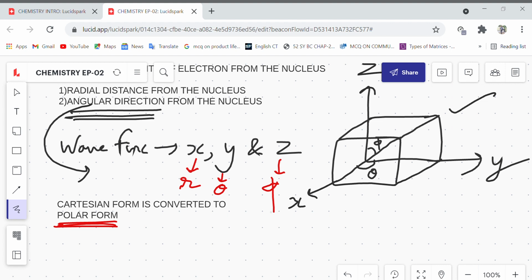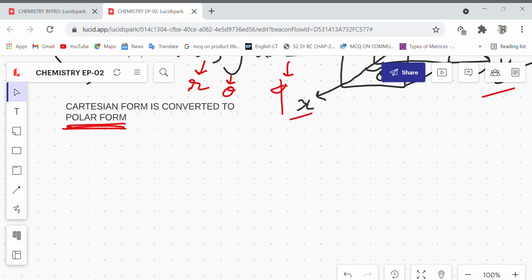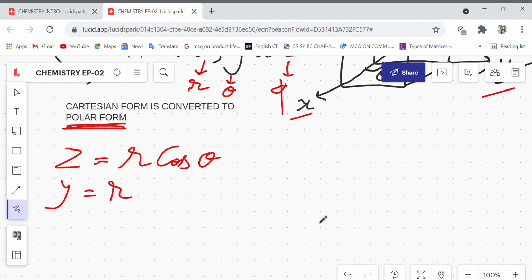So how can these be written as X, Y and Z? Let's see. Z can be written as R cos theta, and Y can be written as R sin theta into sin phi.